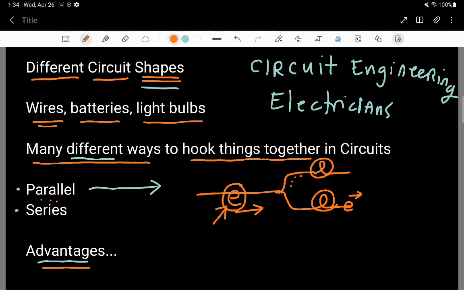This is sort of similar to leaving a grocery store. When you leave the grocery store, if you have multiple clerks at the cash registers, then as you come up, you can either go through cash register number 1 or cash register number 2 or cash register number 3.